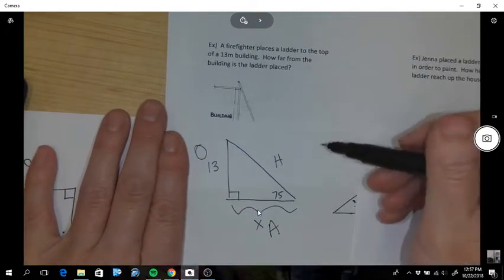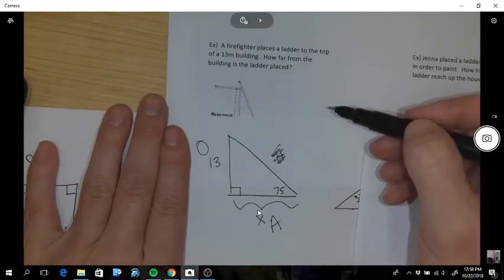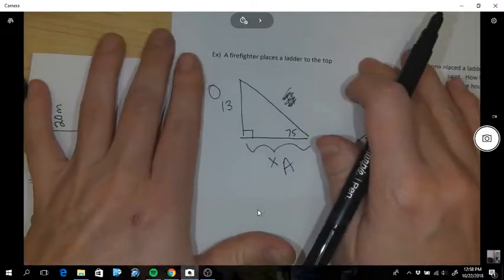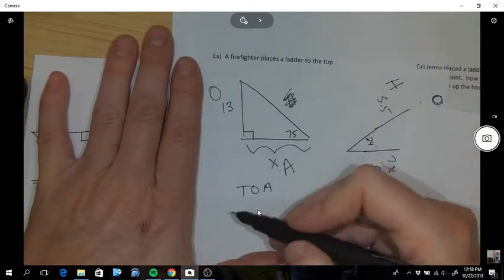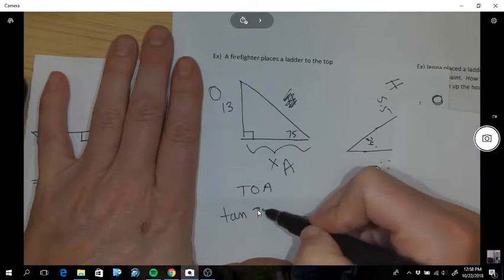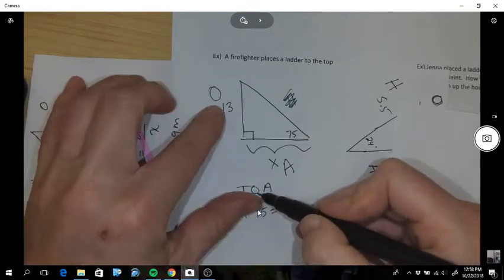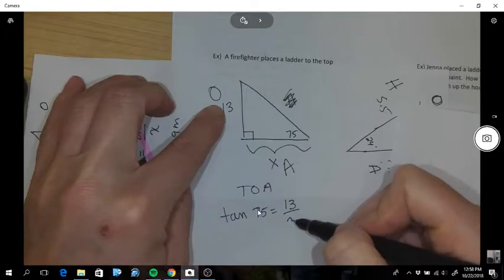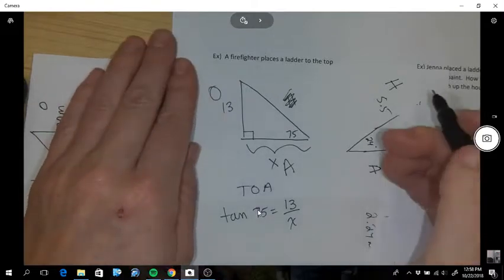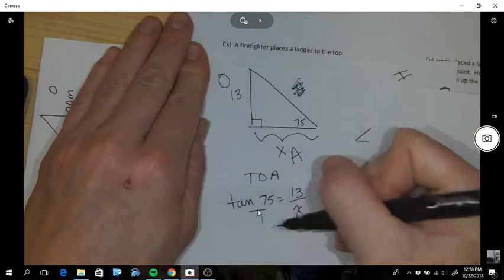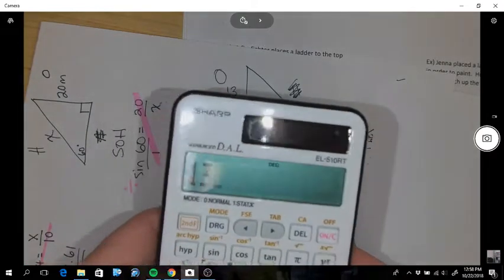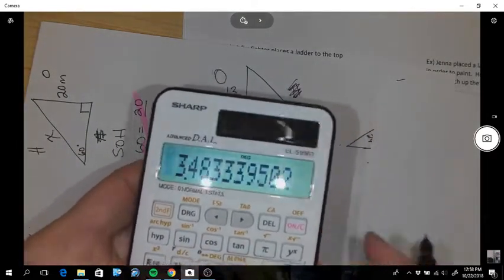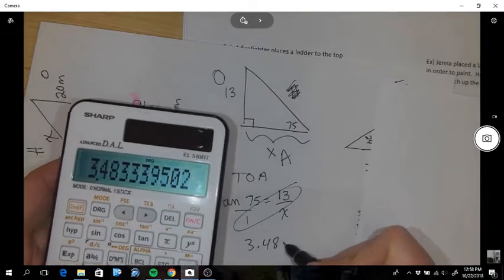Out of those three, I don't care about the H. So if I have an O and an A, I'm going to go with the TOA ratio. So tan of 75 degrees is the ratio of the O divided by the A. If I put this over 1, I'm going to take 13 divided by tan 75 and get 3.48 meters.